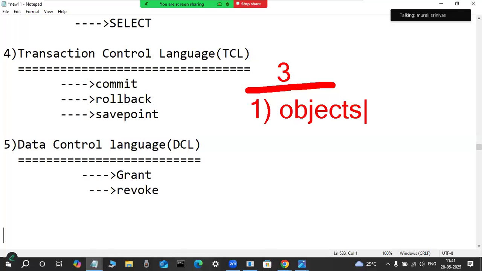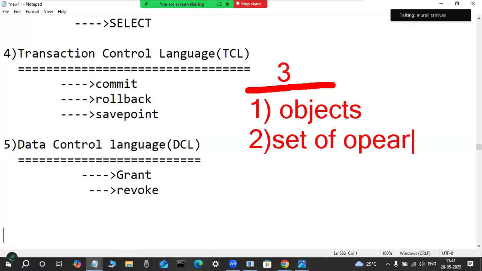Tables are there, procedures are there, functions are there, triggers are there, packages are there, like that. Again, a set of operators are there, for example between, exists, all, in, so many operators, for operating on the data in the databases.